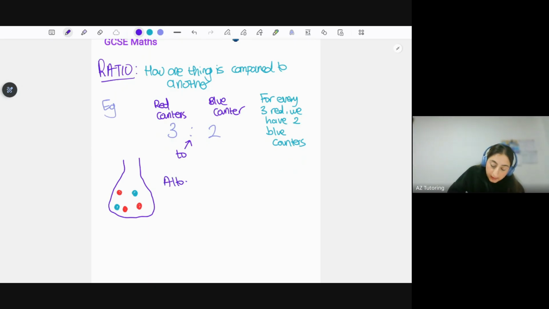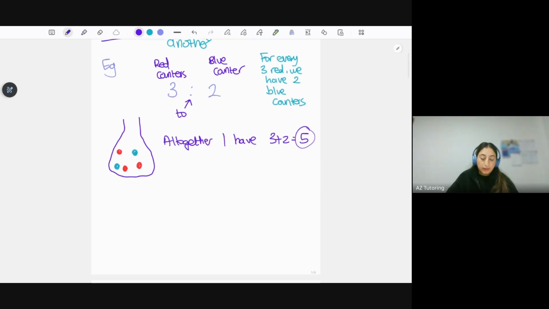Altogether, I have 3 plus 2, which is 5. So altogether I've got 5 counters, but out of that 5, 3 are red, 2 are blue. That's the basics of what a ratio is, just comparing something and thinking of it as a whole. If you add them both up, that's the total amount, but in that total amount, it is telling you how much of each you have.